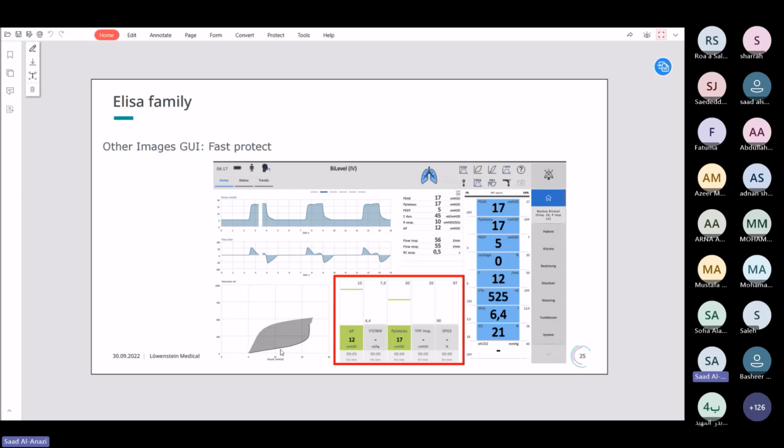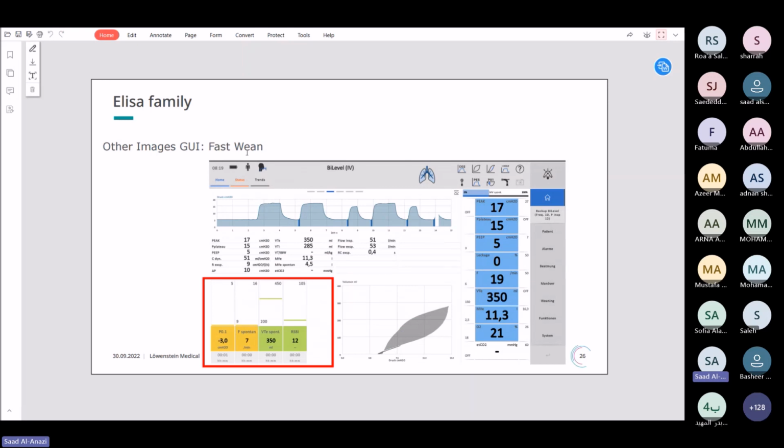And on the left side, you will have the volume and pressure volume loops, which really focus on the restrictive or obstructive disease, or the change of the lung volume for this patient. So this is the Fast Protect feature. It's only found in the ELISA 800, which really helps protect against lung injury and gives a continuous measurement for the patient.